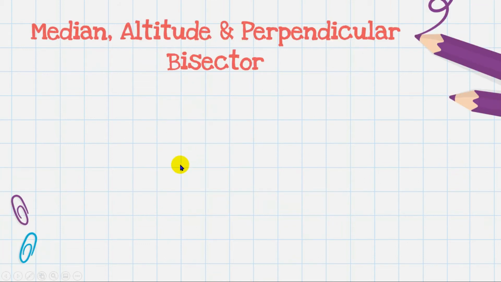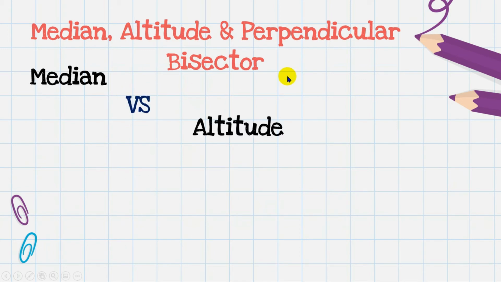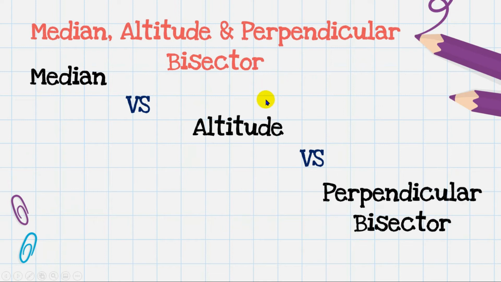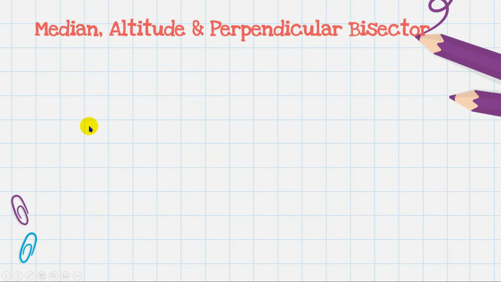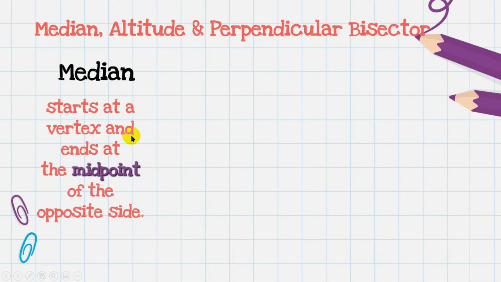Now, ano ngayon ang difference ng median, altitude, and perpendicular bisector? Ano nga ba ang pagkakaiba-iba nila? So, these are some of the different segments na na-form natin sa triangle in the past few videos na meron tayo. So, ang median po ay ang line segment that starts at the vertex and ends at the midpoint of the opposite side.